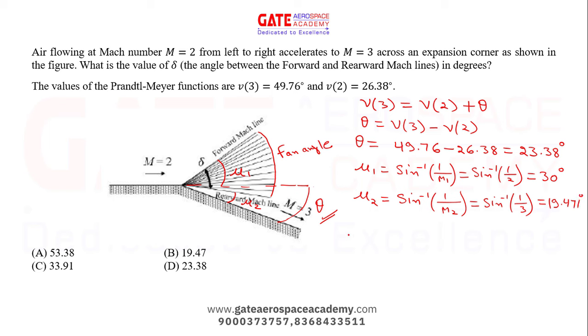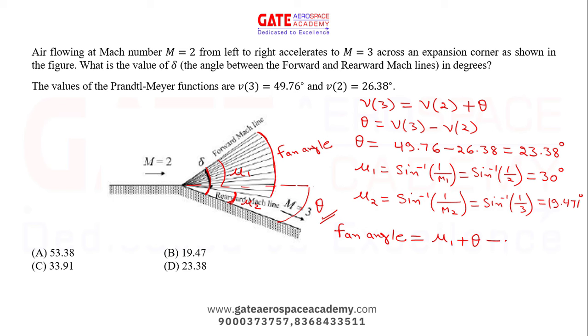right? Now how to find out the angle between the forward and rearward Mach line, known as the fan angle? So fan angle is equal to this complete angle, that is mu1 plus theta, minus this angle, it will give us this angle, right?